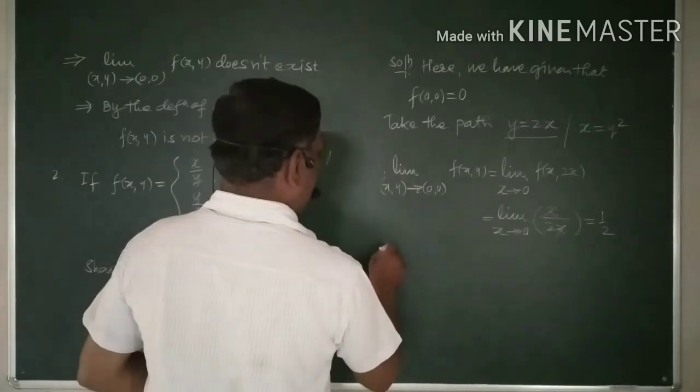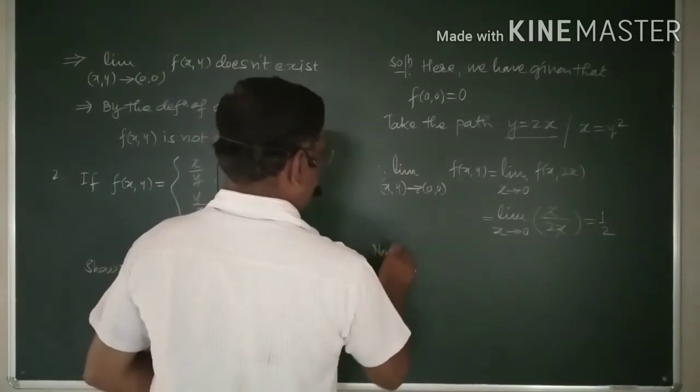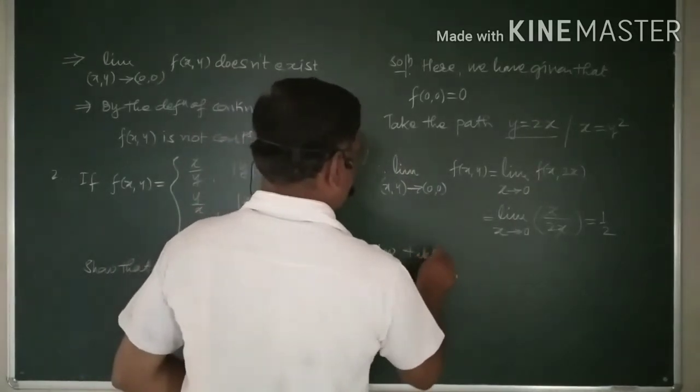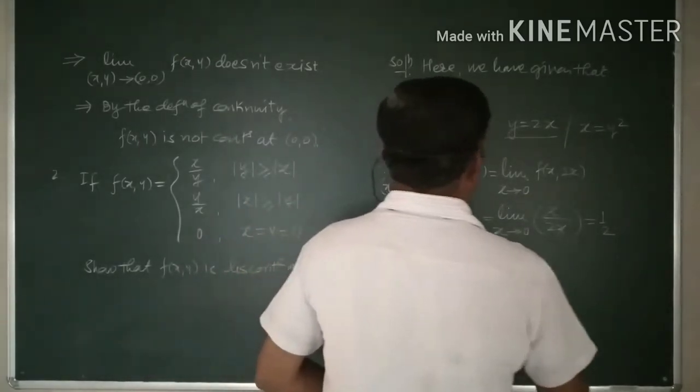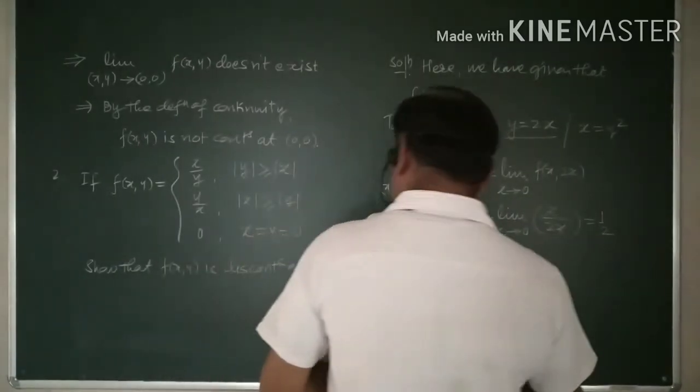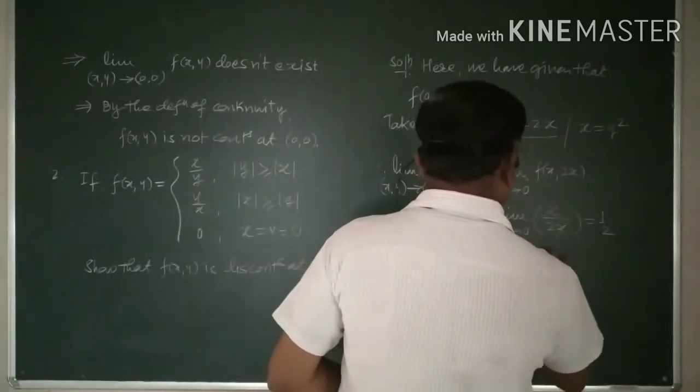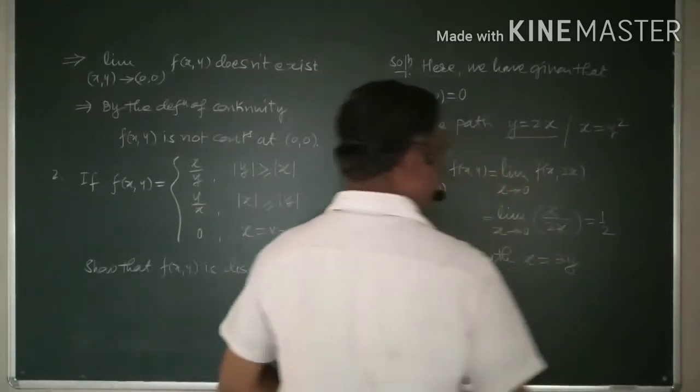Next, take the path, again a simple one, x is equal to 3y.